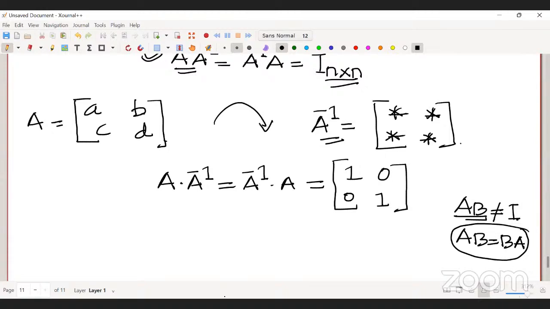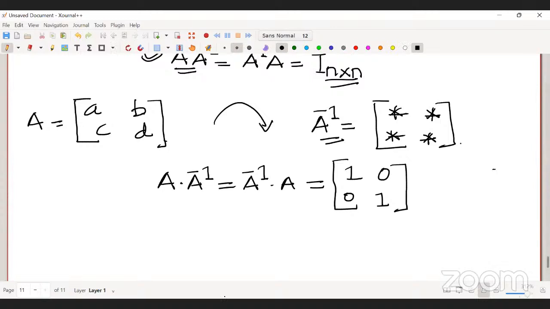Maybe you can take some scalar matrix. But how? Because A into A inverse is equal to A inverse into A is equal to I. I'll come to that. Try to think: you take A to be some matrix and B to be some scalar matrix. Then you will see that A times some scalar matrix is not the identity, but again, a scalar matrix actually commutes with every other matrix. Okay, so I'll come to that in the end.